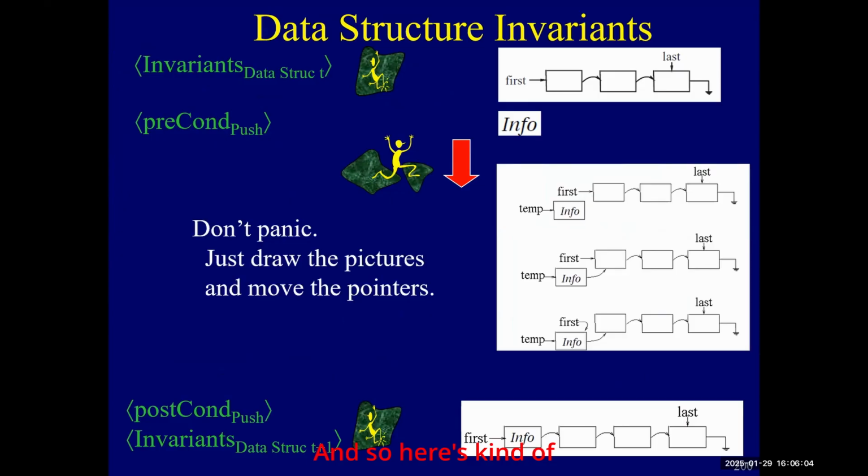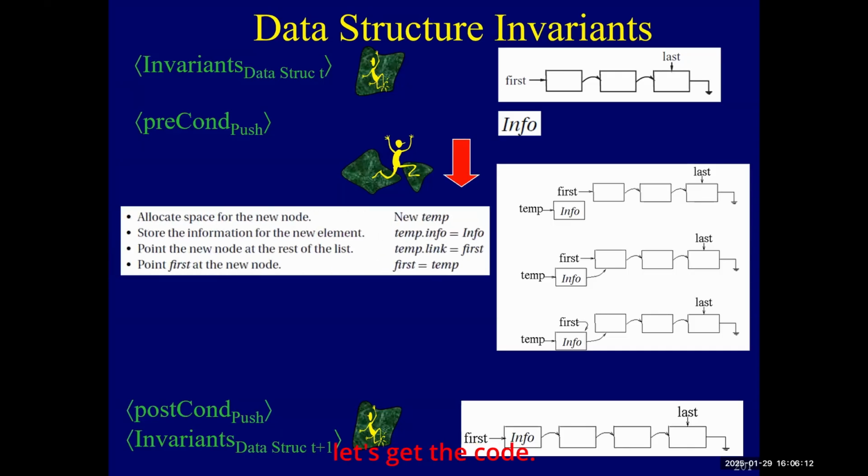So here's step by step what we're doing. All right, so let's get the code. First, in the first little picture, we have to allocate space for the new record, and we do that with new temp. So I guess temp is that really all you have to do? I thought you had to say temp equals. Is this Java?